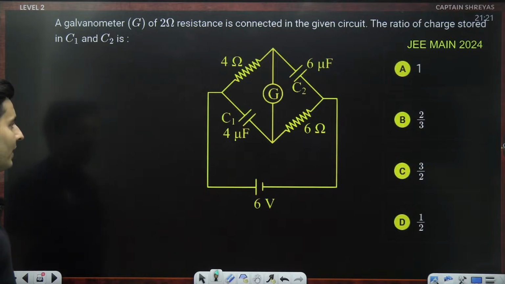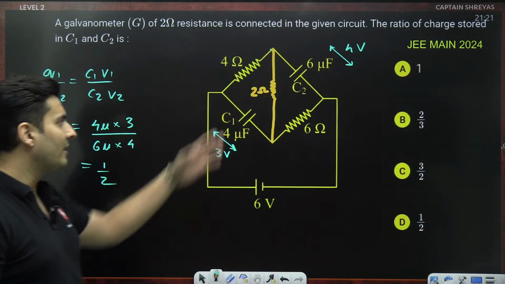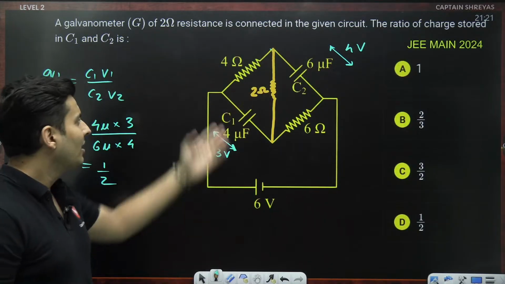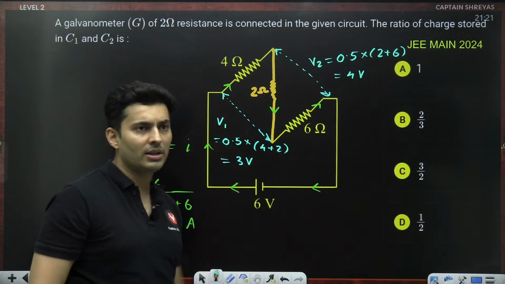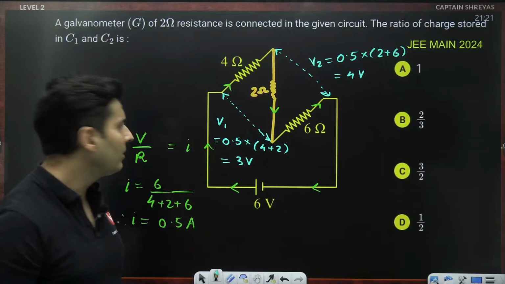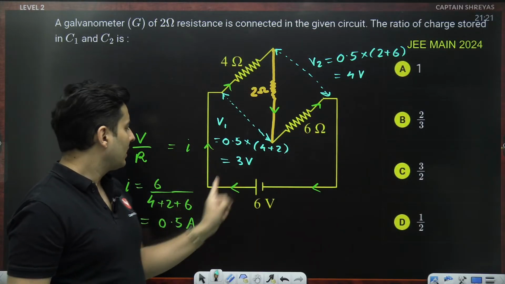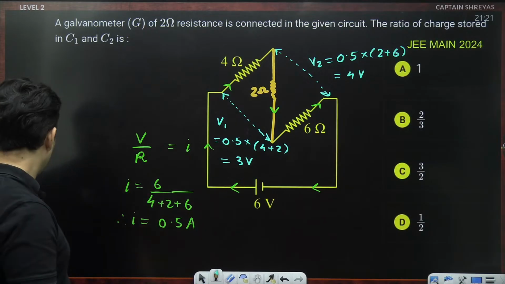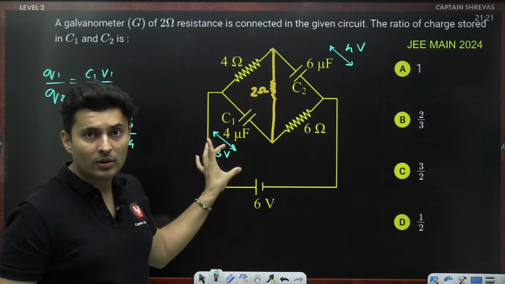Look at the number of calculations involved in this. First we got rid of the galvanometer, looked at it like a resistance. Next we thought these capacitors are pretty useless in terms of current, because the current will only go through the resistors. Capacitors block the current. Fair enough. So I simplified the circuit to find the current in the circuit. Then I thought, okay, to measure the charge on these capacitors, I need the voltages across them.